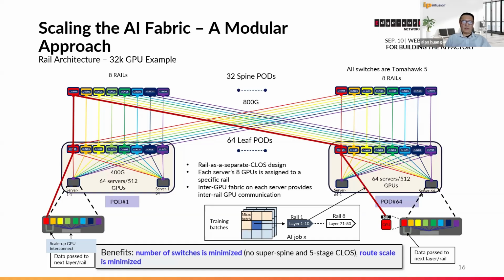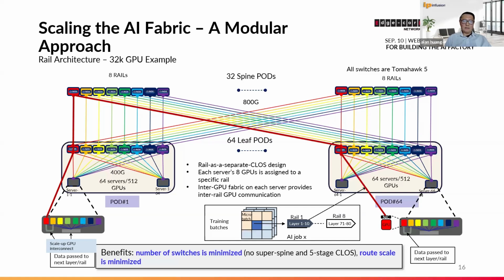Let me walk you through a workflow briefly. A new micro batch of data will first be fed into rail 1 GPUs, indicated in red color. The red GPUs process the first layers of the AI model.